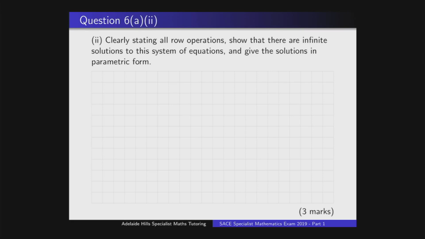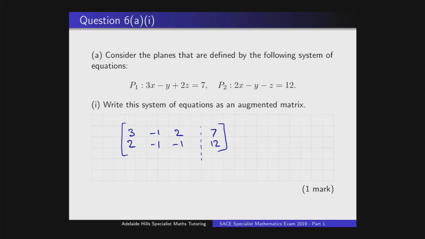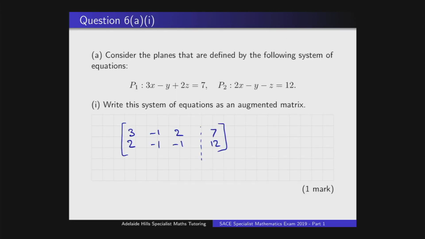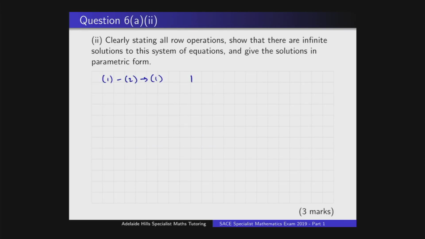To do that, we take row 1, subtract off row 2, and store that in row 1. If we do that, 3 minus 2 is going to give us a 1. Minus 1 minus minus 1 will give us a 0. That's quite nice, we want a 0 there anyway.